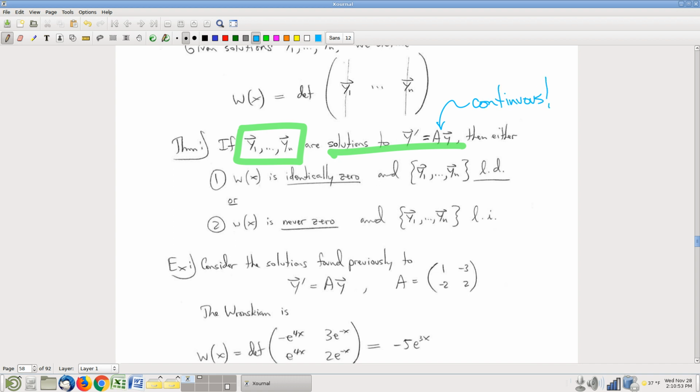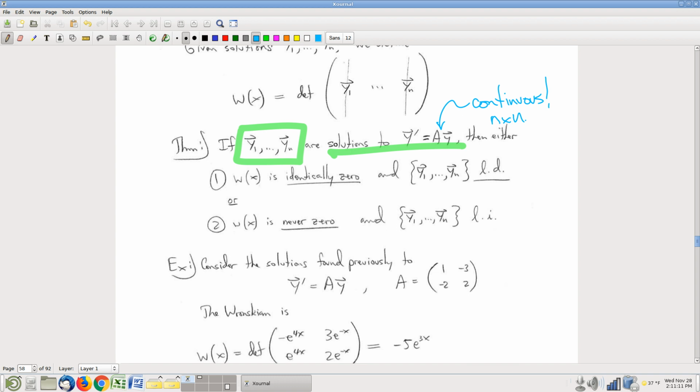We need for the differential equations to satisfy the conditions of the existence and uniqueness theorem. So we need that to be the case. Oh, and of course we also need A to be n by n. So little additional conditions there.